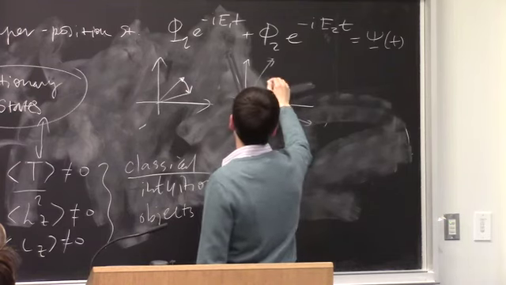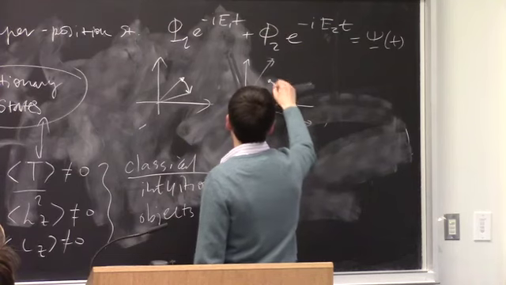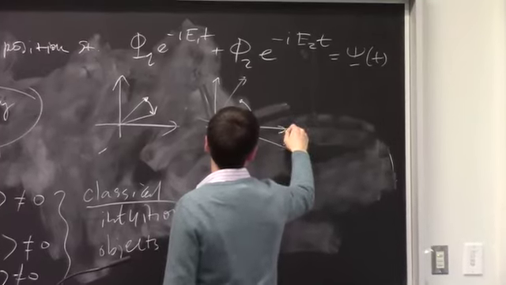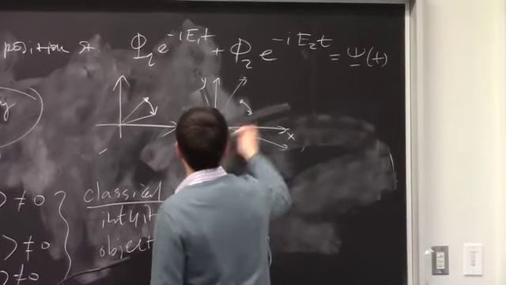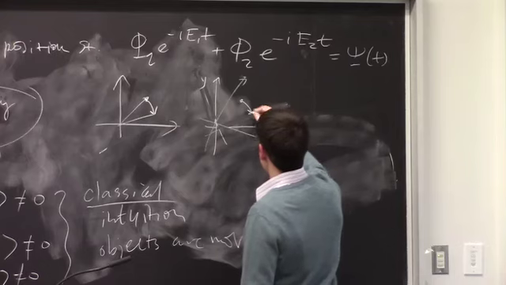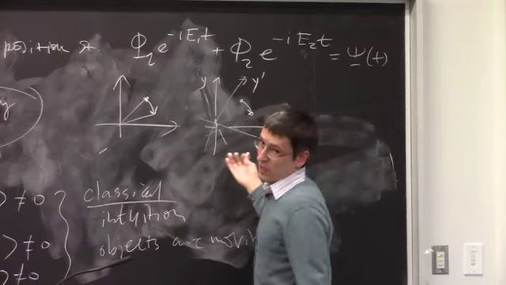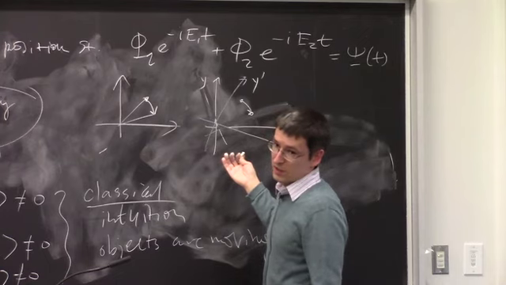So we started somewhere here. It moved in the old coordinate system, x, y. Its position changed, but in the new one, x prime, y prime, the position is actually in the same place, right?